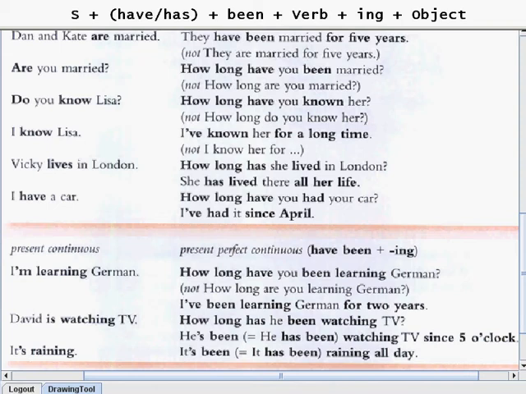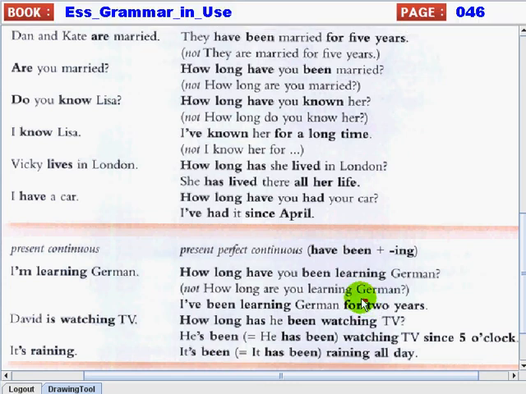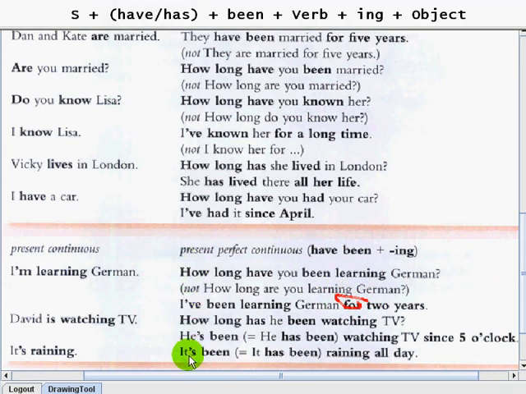Example: I've been learning German for 2 years. We have here the word for, right? These are the following examples of present perfect continuous sentences. The pattern that we should remember is this: your subject, have or has depending on the number of your subject, plus the word been.